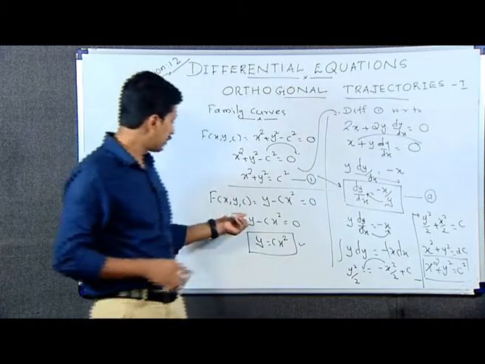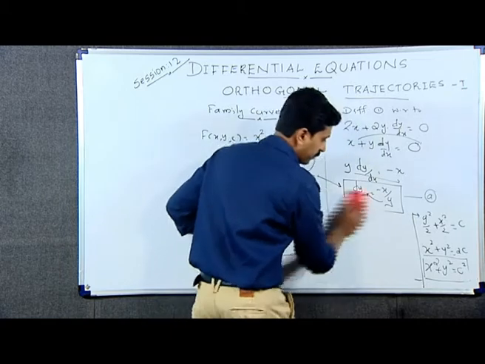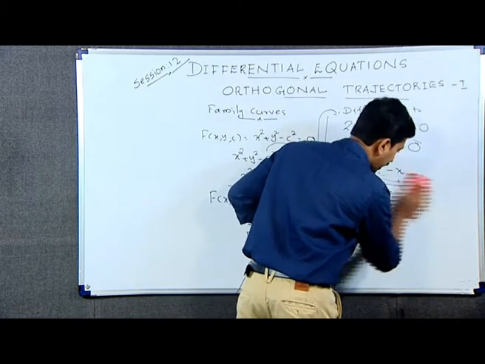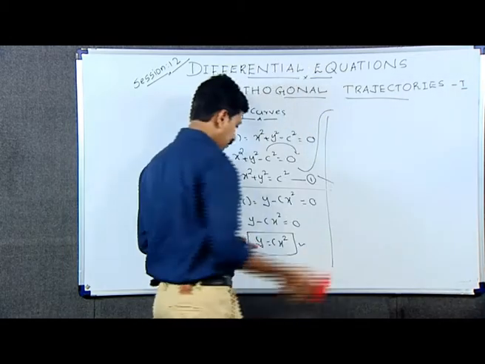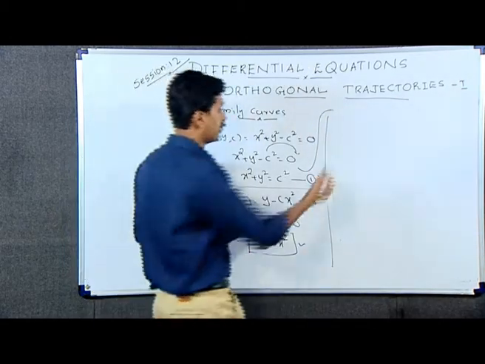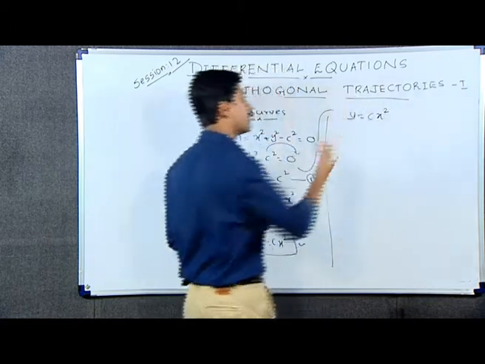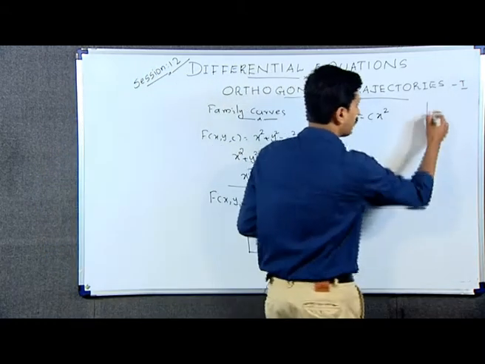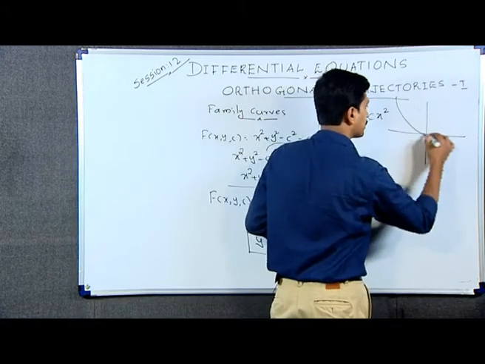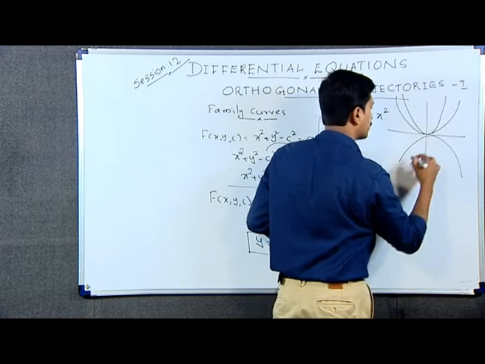Similarly, you can find the differential equation corresponding to the family of parabolas which are symmetric about the y axis. The family of parabolas symmetric about the y axis is y is equal to c x square. We already showed that the family of parabolas looks like this.